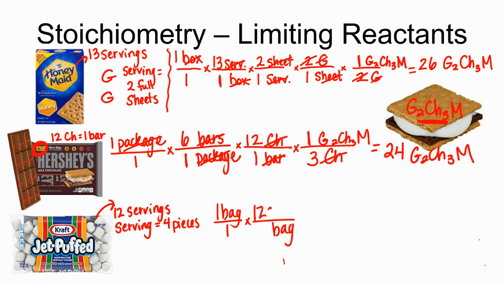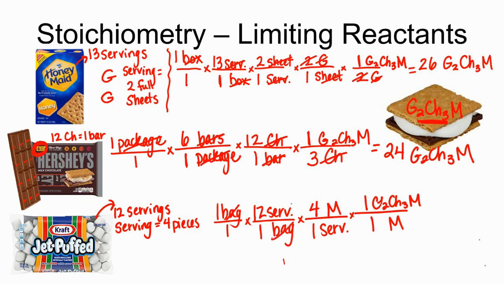That it contains 12 servings in every bag. What do I know about a serving? Well, every one serving is 4 marshmallows. And I know how many marshmallows are in my s'more. A s'more just needs 1 marshmallow. So bags cancel and servings and marshmallows. And wow, from the marshmallows, I can make 48 of the s'mores.